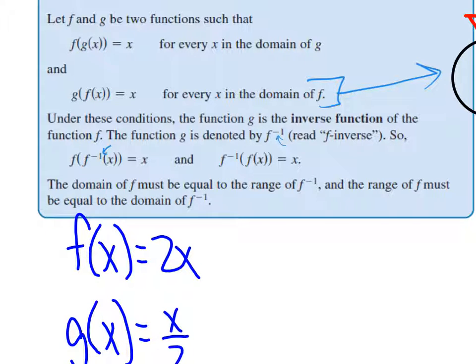That's why I said this is not an exponent. F inverse is not the same thing as f to the -1 power. If I wanted to take 1 over my function, then I would do f of x to the -1 power. That would say take the reciprocal of my function. But when you see the -1 right by the f, it's talking about an inverse function.